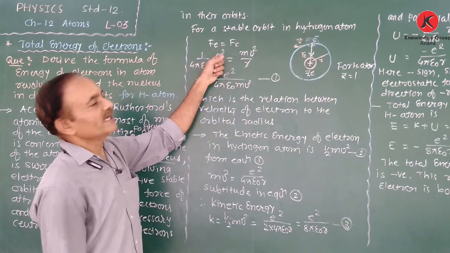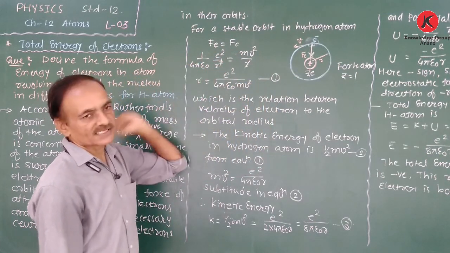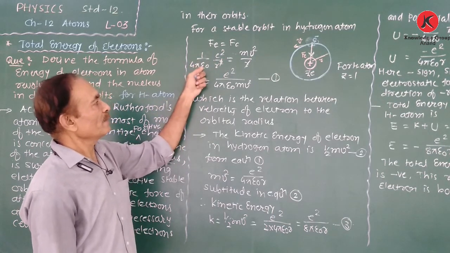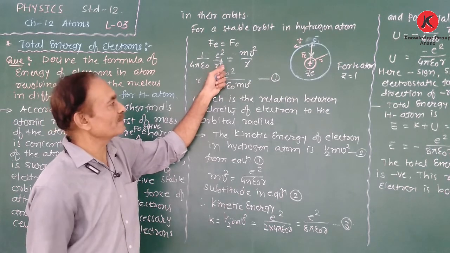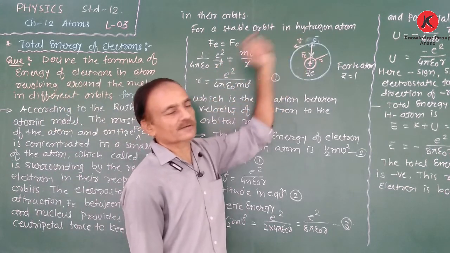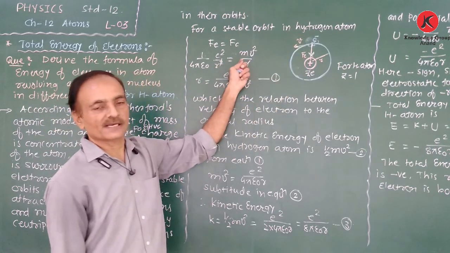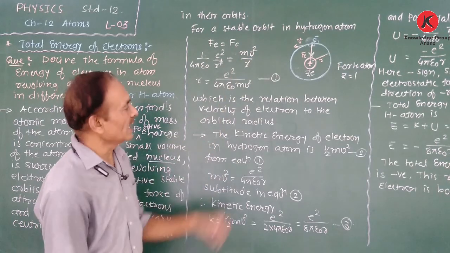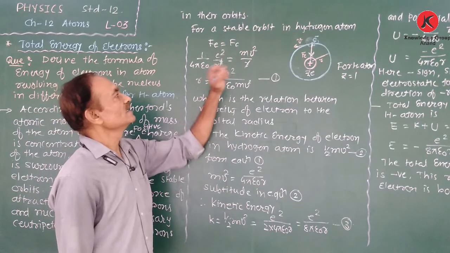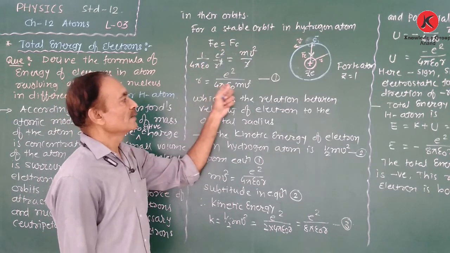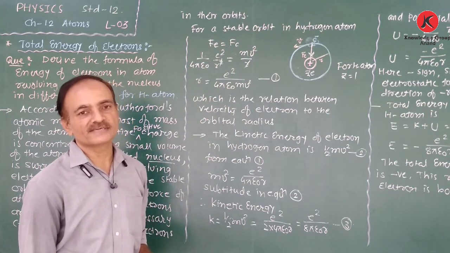Therefore, e into e is e square upon r square. So 1 upon 4 pi epsilon 0 into e square upon r square, the Coulomb force of attraction by the nucleus on the electron, is equal to the centripetal force mv square upon r. One r cancels. Therefore, the radius r is equal to e square upon 4 pi epsilon 0 mv square.